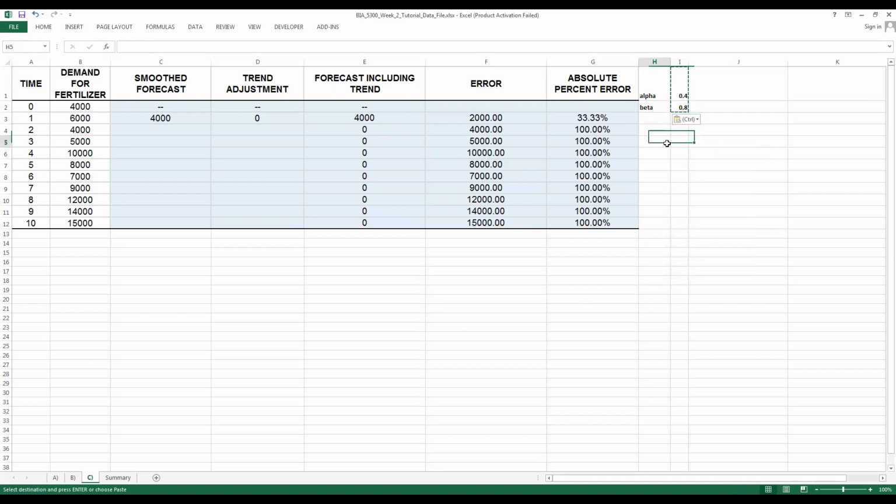What's the formula for absolute percentage error? The formula for absolute percentage error is equals ABS of the error divided by the actual. All right, it's E over Y, essentially.